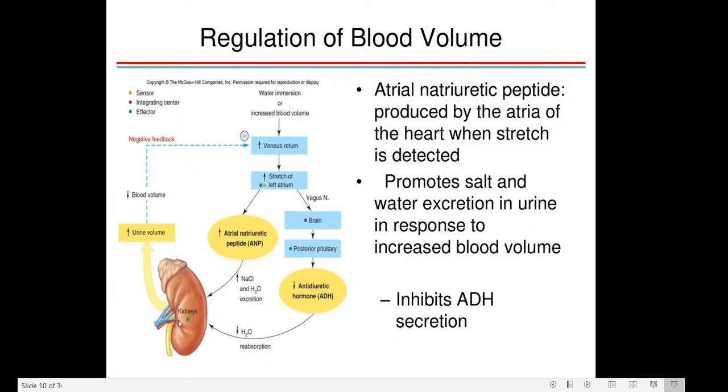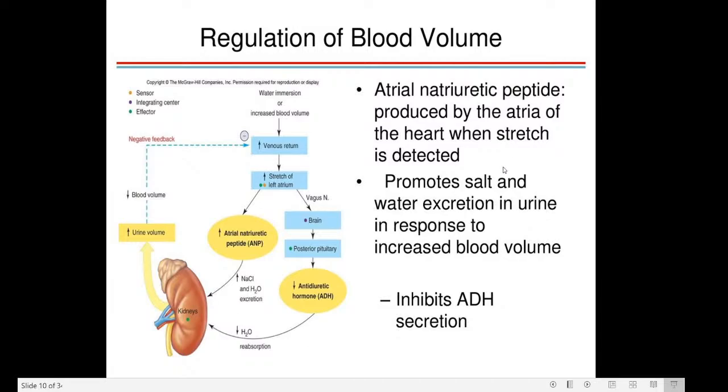If the urine volume is high, the blood volume becomes low. That low signal is passed to the venous return, making a negative feedback signaling, and the process starts again.